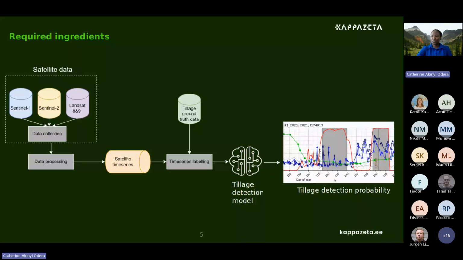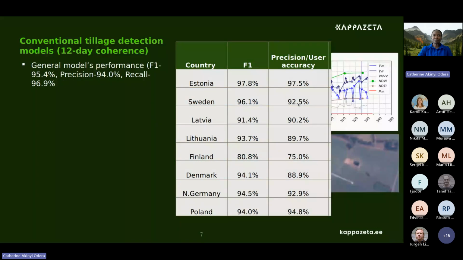The model stopped here because, as we investigated this point, we saw that it had rained and the crop residue at this point was wet. And since the ground truth data did not capture this type of scenario, the model thought that this was not actually a crop residue event. So crop residue wasn't present on the surface of the parcel. So those are some of the shortcomings that we currently have with the model.